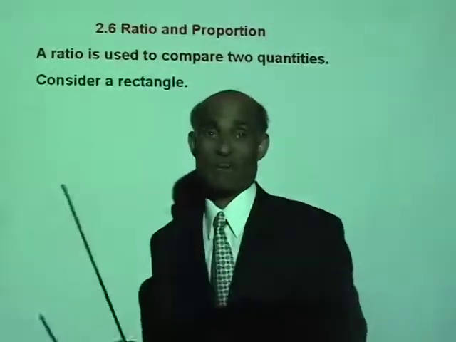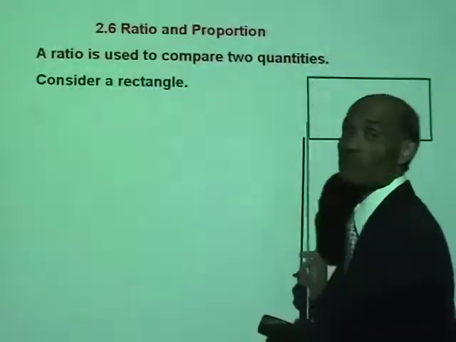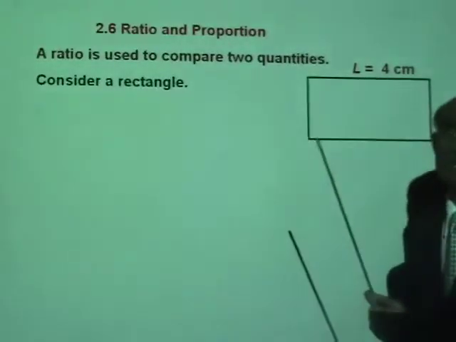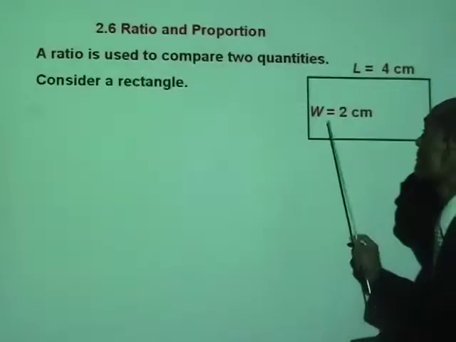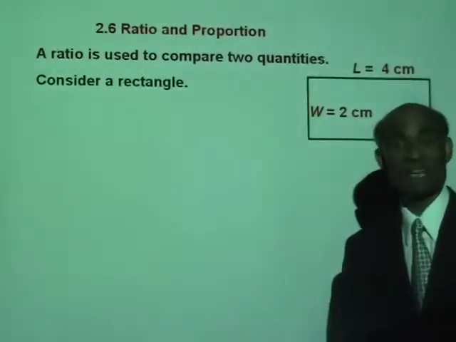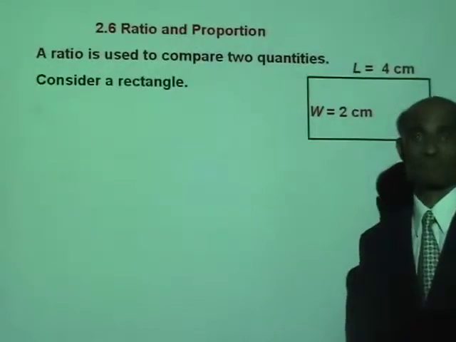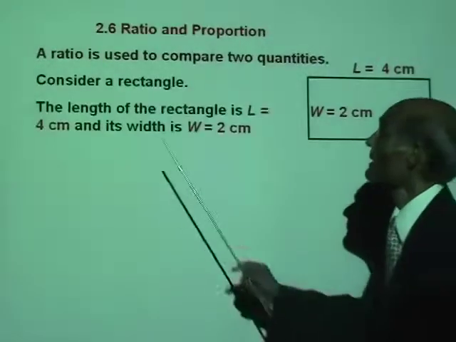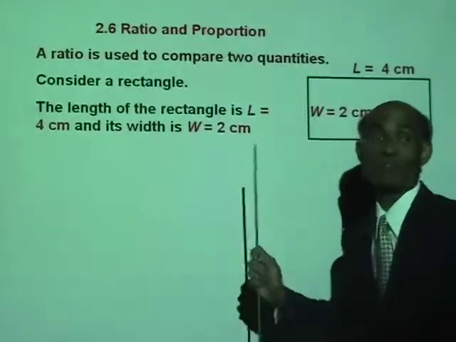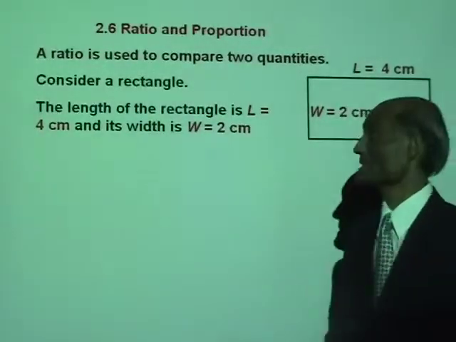Consider a rectangle. The length of the rectangle is L equal to 4 centimeter, and the width of this rectangle is W equal to 2 centimeter. Alright? The length of the rectangle is 4 centimeter and the width is 2 centimeter.